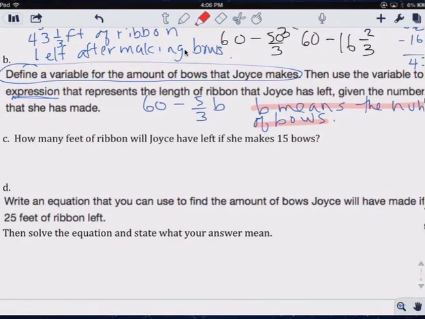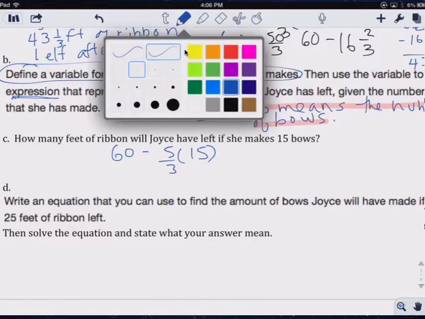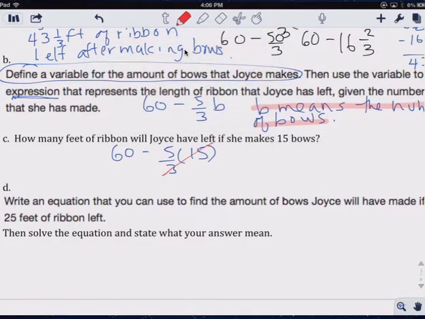How many feet of ribbon will Joyce have left if she makes 15 bows? Well, we know how to do that. 60 minus 5/3 times 15 bows. Oh, this is easy, because we can cross cancel. So that's 60 minus 25.